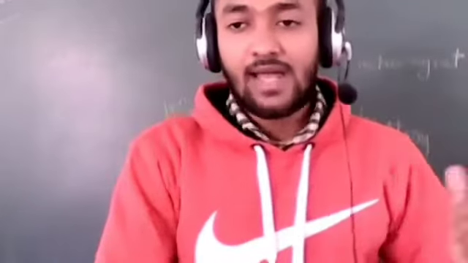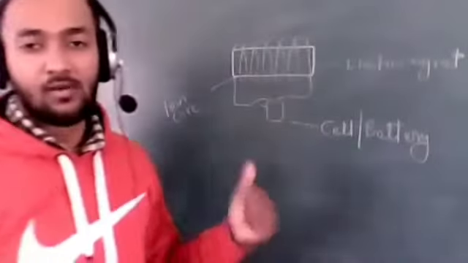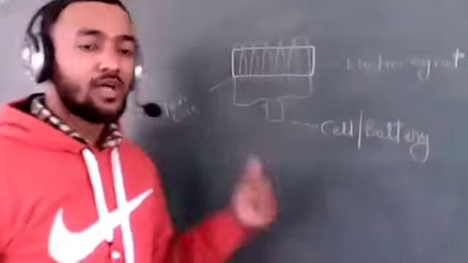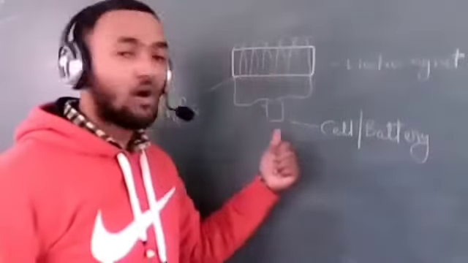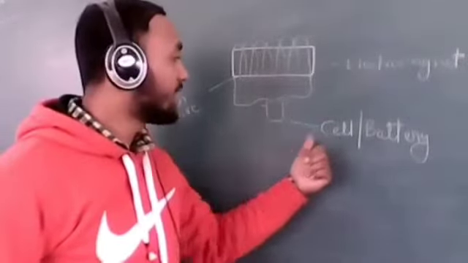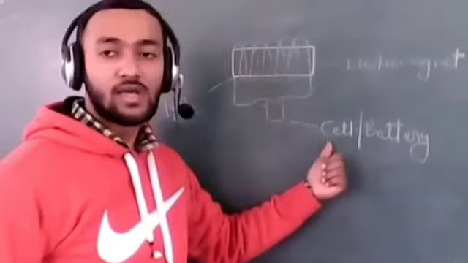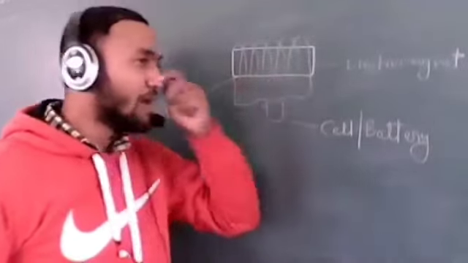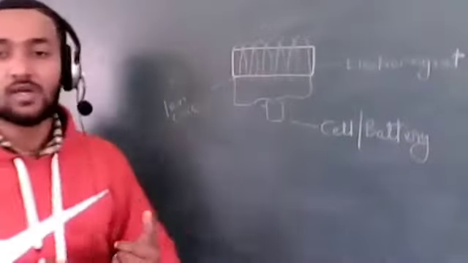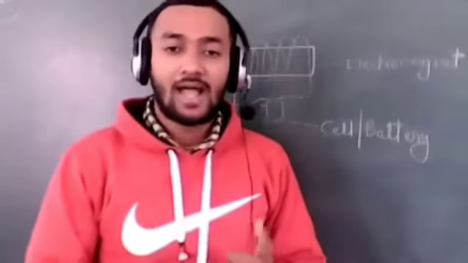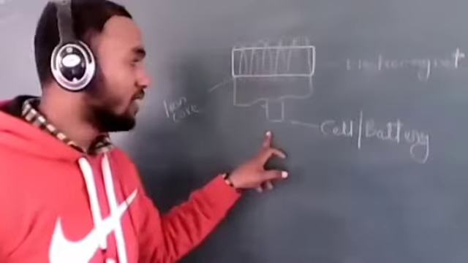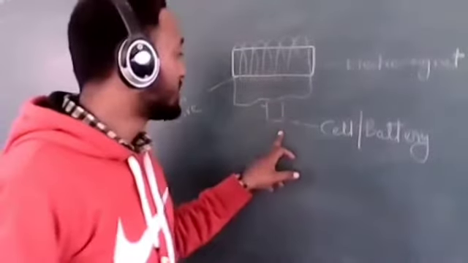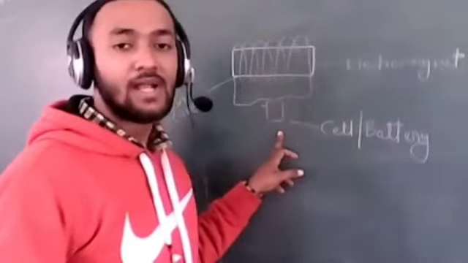Now, this electromagnet is a temporary magnet. Why is it a temporary magnet? Because it behaves like a magnet only when there is a current or there is a battery. Okay. This arrangement loses its magnetic properties as soon as we switch off the light or we just remove the battery. So what happens?